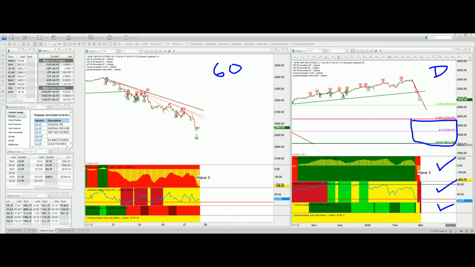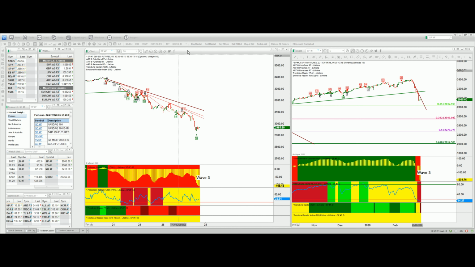So that would be the target range right here. Now if we look at the 60-minute chart, you can see once again the pyramids capturing this really nicely. And down this side here, it looks like we have a yellow PTF here. So we may be getting ready for a bounce. So I wouldn't be surprised if we come up a little bit here before heading down. So we're going to have to watch that tomorrow and see if that bounce does come up.